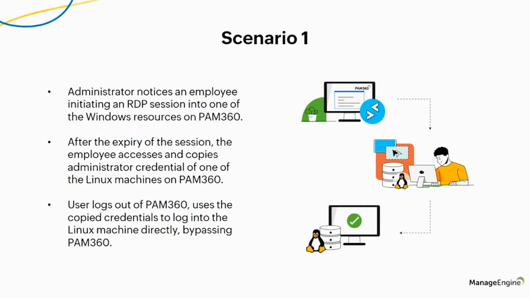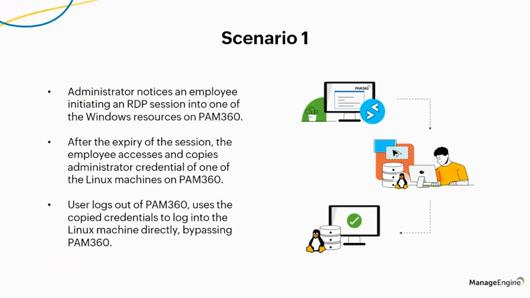So let's take another scenario where an administrator notices a user launching an RDP session into a Windows box. An administrator is just monitoring what's happening in PAM, and they see that someone has launched an RDP session. And the user works in the RDP session.